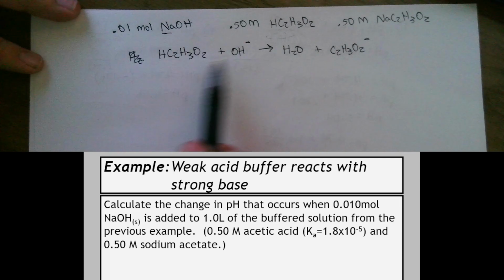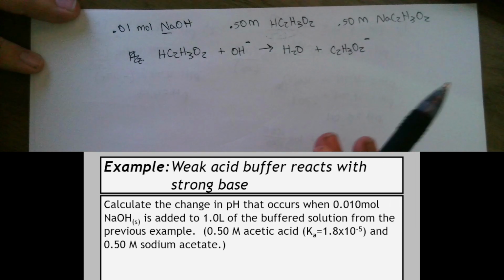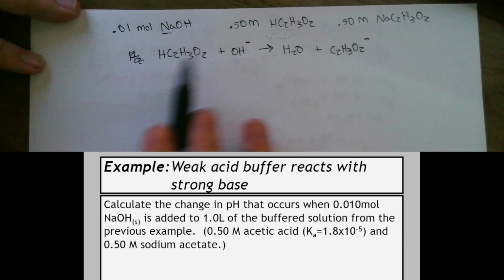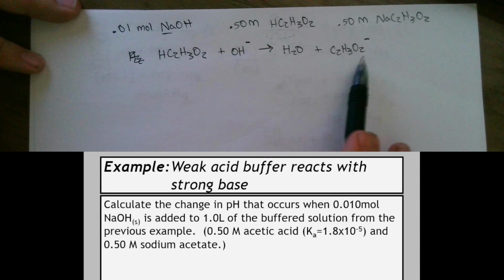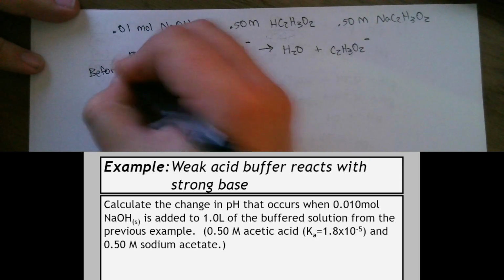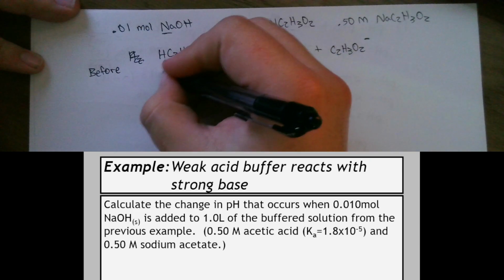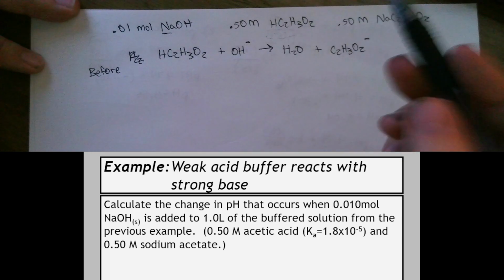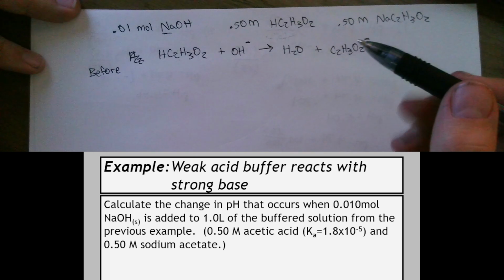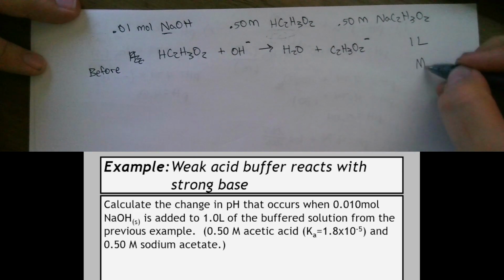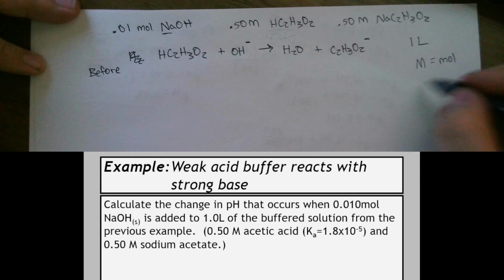This isn't an equilibrium, so we're not making an ICE table yet, but what I want to see is how much of this I have left over. I want to see how adding this OH- affects my concentrations of acid and conjugate base. So let's put our starting conditions, before we do any reaction. We said we have 0.5 molar of this. To keep everything in the same units, I'm going to turn everything into moles. Fortunately, in this problem I have 1 liter of solution, which means molarity equals the number of moles, because molarity is moles per liter.